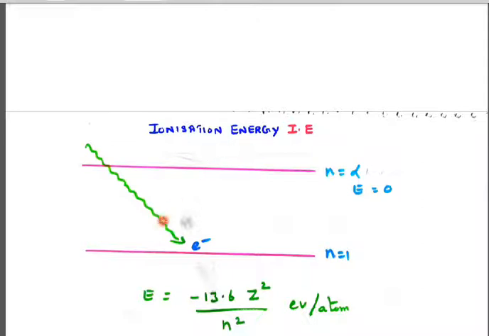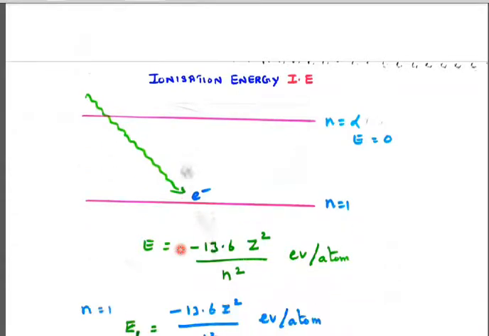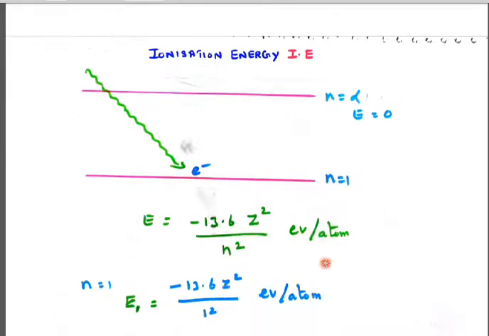So this is the first level, n is equal to 1, and this is the infinity level, n is equal to infinity. The energy is equal to 0. So when the electron falls into the first energy level from the incident photon of light, E is equal to minus 13.6 Z square by n square eV per atom, electron volt per atom.